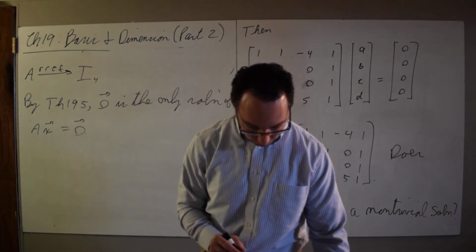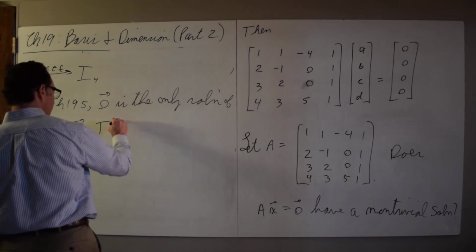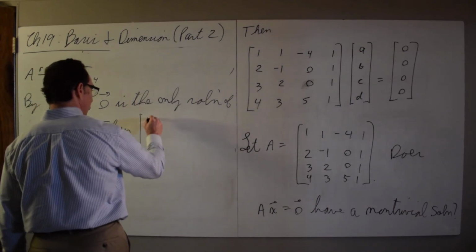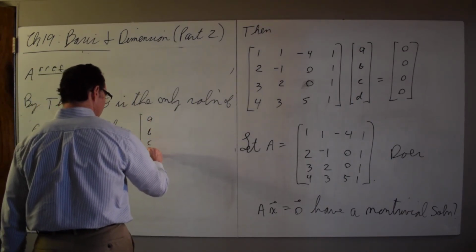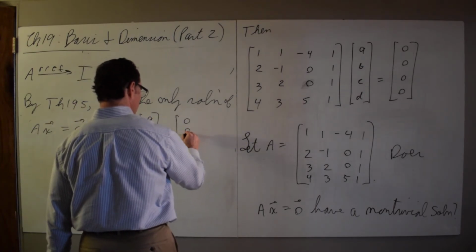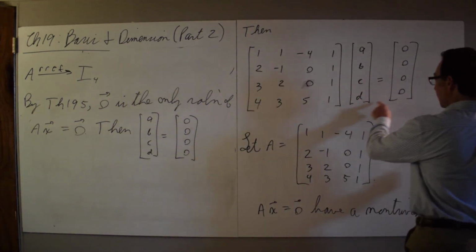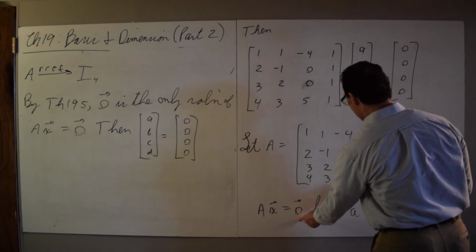Since 0 is the only solution, the vector A, B, C, D has to equal the 0 vector, because this vector is a solution to this equation.